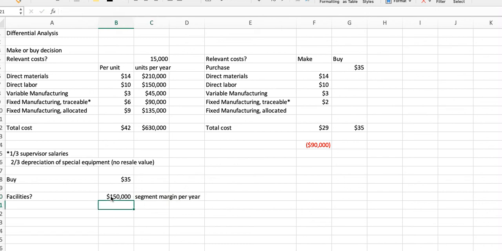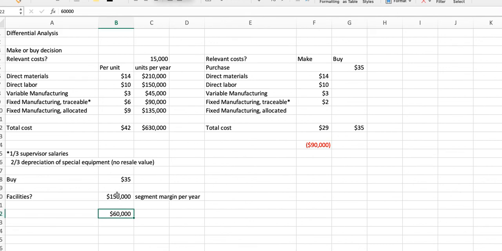Okay, so now what? What's the financial advantage now? So the financial advantage now for doing that is pretty significant. Show you, it's just $60,000. I mean, that's pretty simple and straightforward.